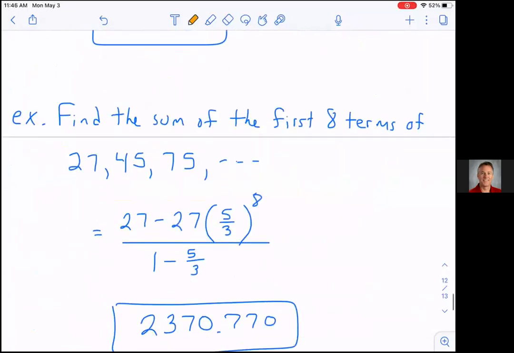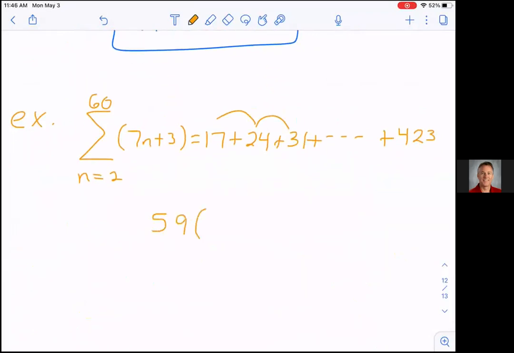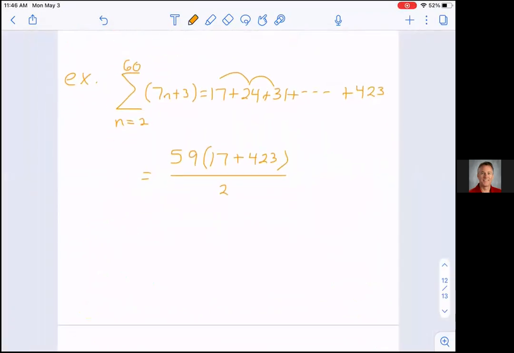So I have 59 terms times a sub 1, which was 17, plus a sub n, which was 423, all divided by 2. And that will give me my sum.